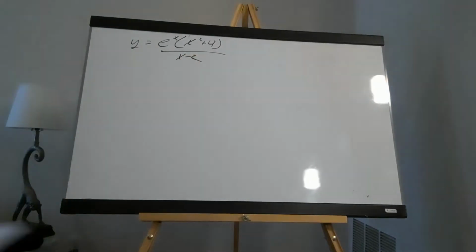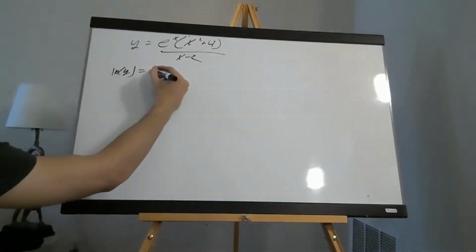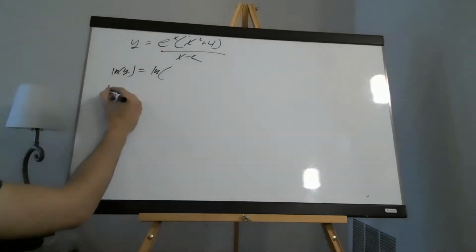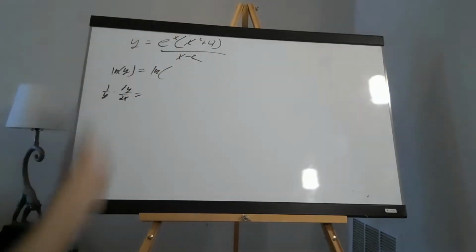So let's think about just proof, like pure math, what we just did means. We said that the natural log of y is equal to the natural log of all that stuff, right? Then we took the derivative of both sides. So we got 1 over y dy dx is equal to all that stuff, right?